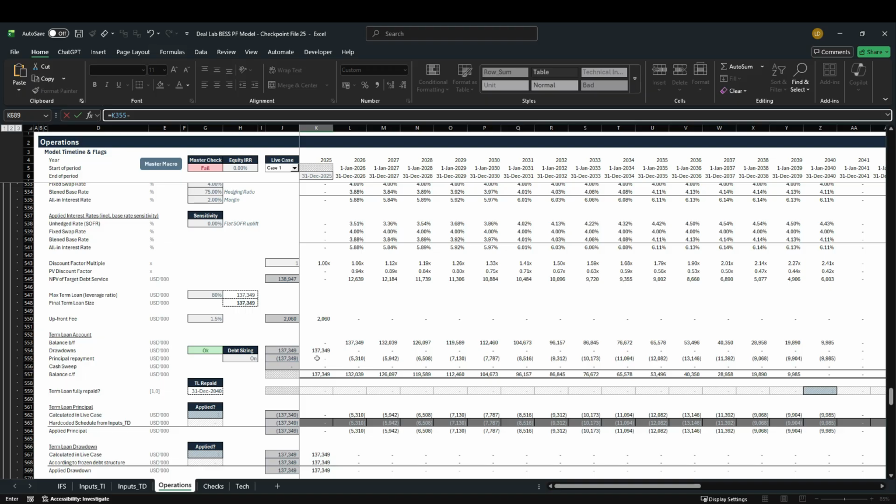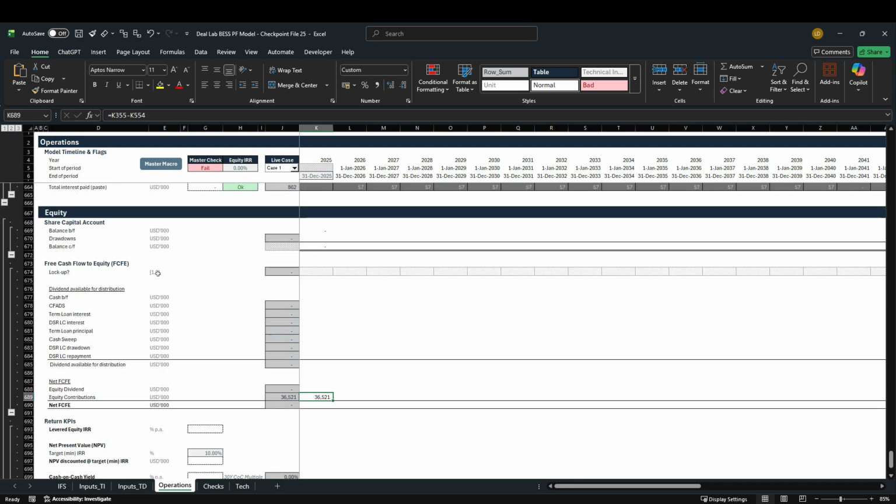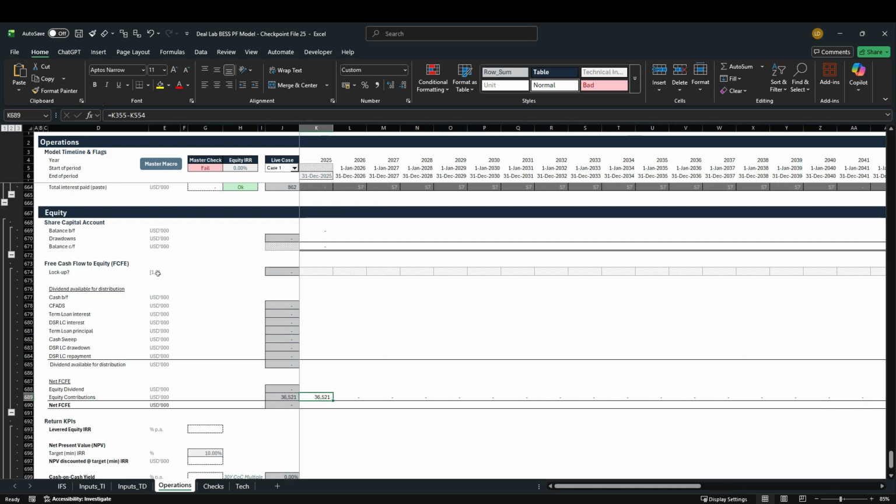So we draw down 137.4 million, which reduces our equity contribution necessary. So subtract row 554, hit enter, and let's move that to the right, Control R. And those are essentially our equity contributions, meaning the equity cash outflows at the beginning of the project.